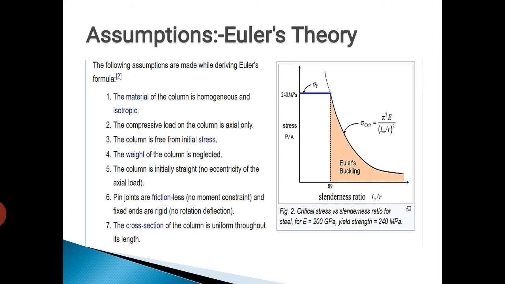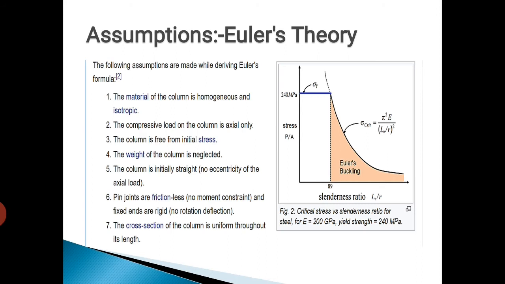Fifth, the column is initially straight, means no eccentricity of the axial load. Sixth, pin joints are frictionless, no moment constraint, and fixed ends are rigid, means no rotation or deflection. And last, the cross section of the column is uniform throughout its length.